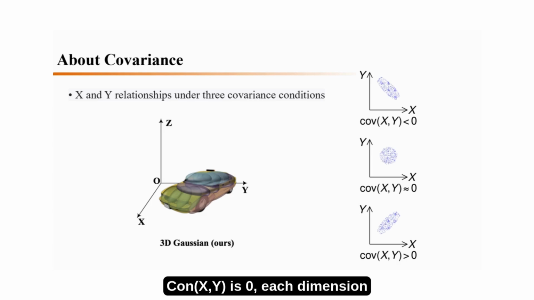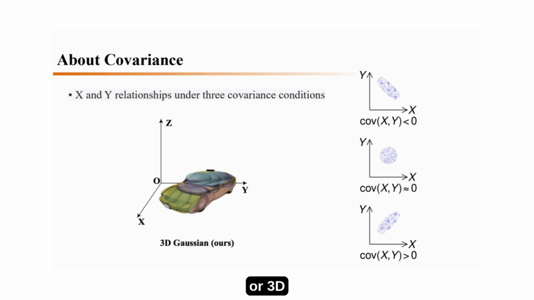If the covariance is 0, each dimension is independent and the shape is a circle or sphere in 3D. If the covariance is not 0, it indicates a relationship between dimensions, stretching the shape into an ellipse or ellipsoid.